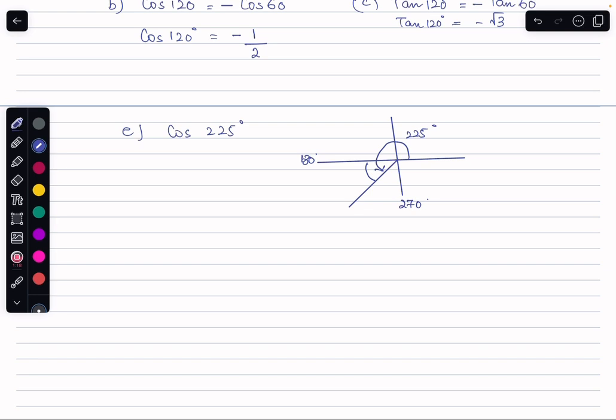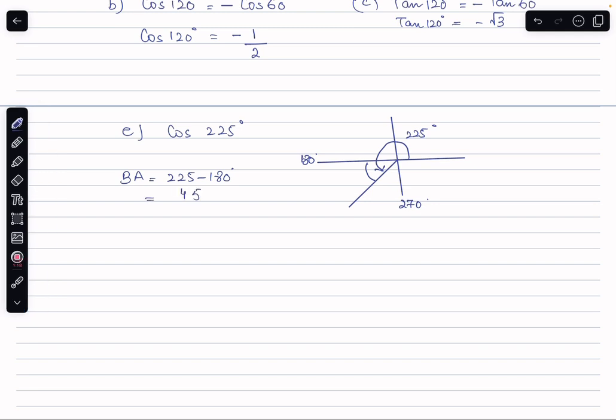Just remember, we will be relating the general angle to the basic angle, and here the basic angle is going to be 225 minus 180 degrees. So 225 minus 180 is 45 degrees. The basic angle here is 45 degrees, and we are talking about the third quadrant.